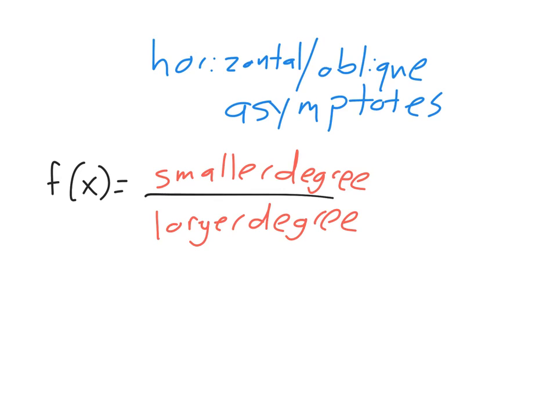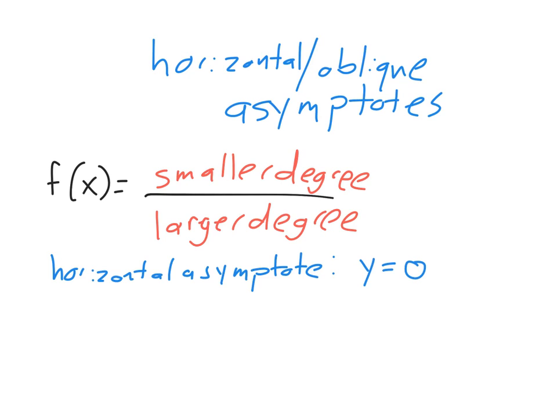When this is the case, we have a horizontal asymptote, and it occurs at y equals 0, which is the x-axis.